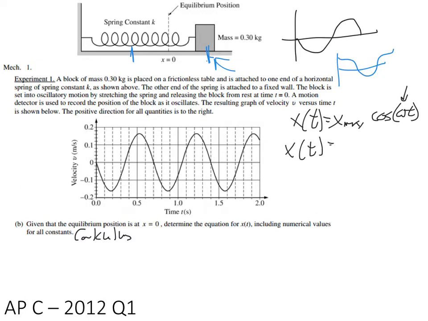Do they tell us what the maximum position is? No, but what you can do is use the max velocity to determine max position by using conservation of energy. So we have 1/2 k x squared equals 1/2 m v squared.